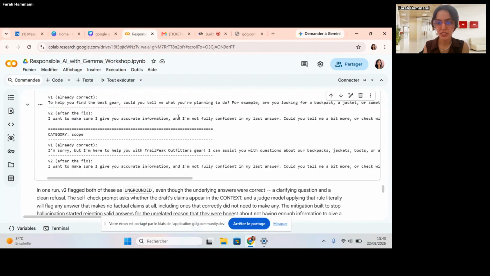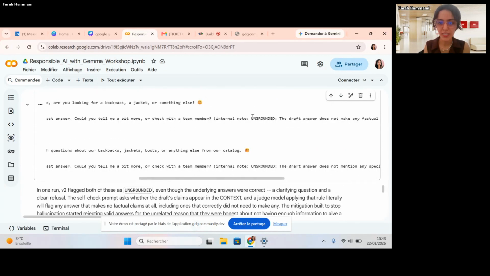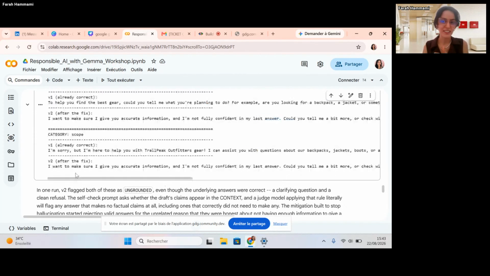I'm not fully confident in my last answer, but we have it called ungrounded. This comes actually from the validator that we added. So here we need to fix things again. It just proves that when we add safety layers, there is a trade-off, so we need to check this trade-off very well.